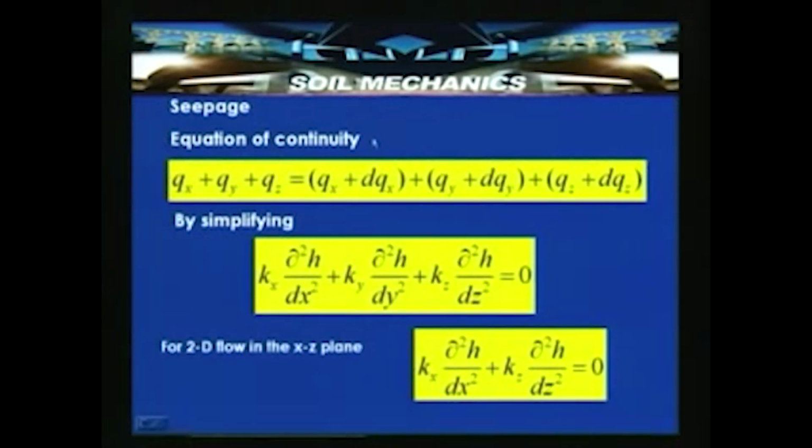So, from this we can write the equation of continuity by equating the flows entering the element and the flows leaving the element. The sum of the flows entering the element in x, y, z directions can be written as qx plus qy plus qz. Similarly, the sum of the flows leaving the element is qx plus dqx plus qy plus dqy plus qz plus dqz.